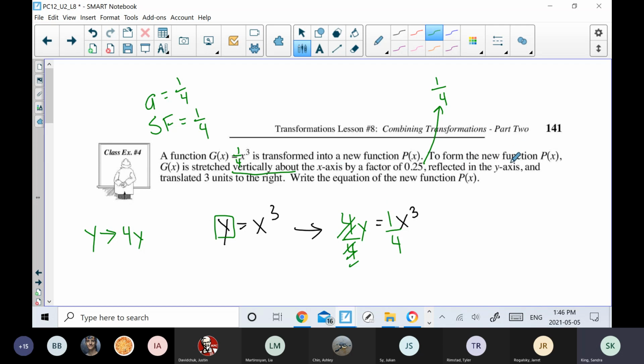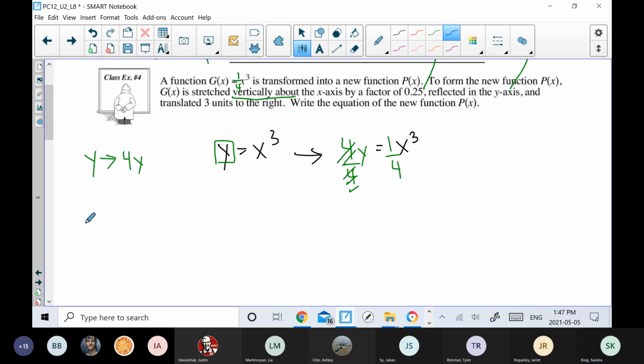Okay, reflected in the y-axis. That's a reflection in the y-axis. That is a horizontal reflection. Again, it doesn't matter that it's horizontal. The only reason why I draw this picture is because now I know the replacement. And if it's a y-axis replacement, x is replaced with negative x. So in this equation, I'm going to take out this x.